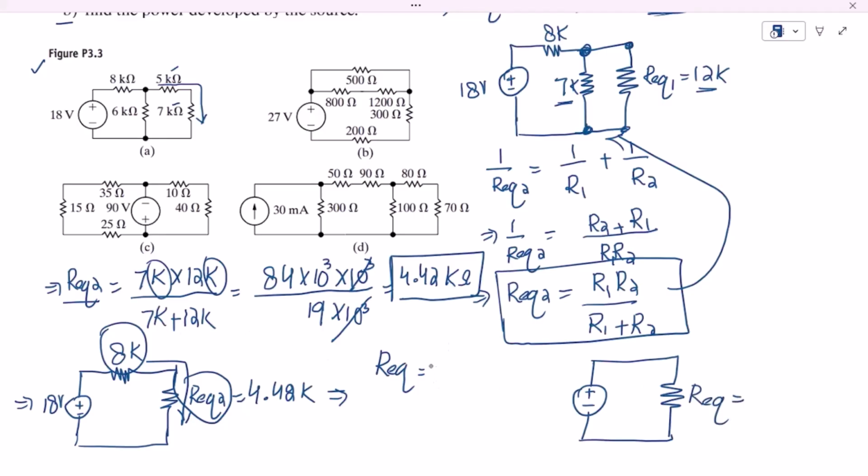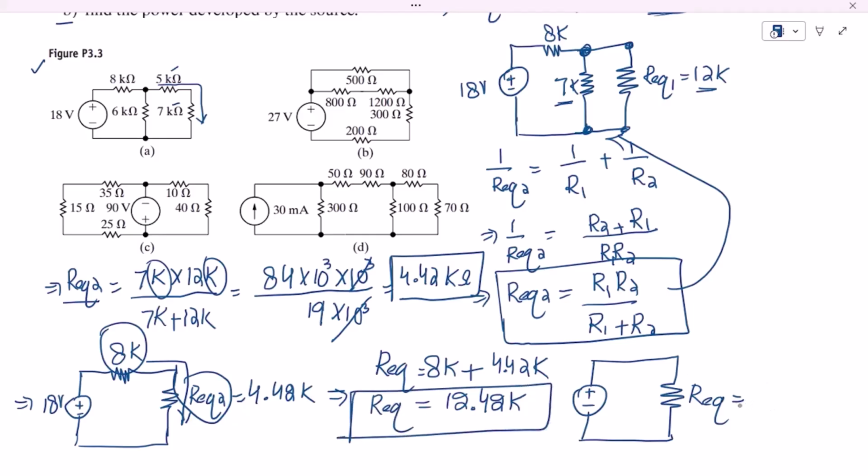It will be 8k plus 4.42k because the two are in series, so it will be 12.42k, and the value is 12.42 k ohm, with the source at 18 volts. This is the equivalent resistance of the overall circuit, which can be seen by this source. Now the second part is to find the power which is supplied by this source.